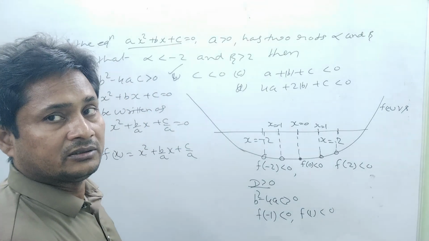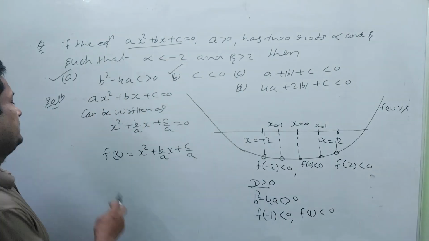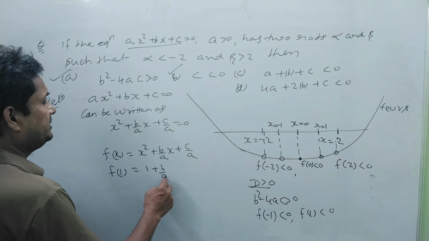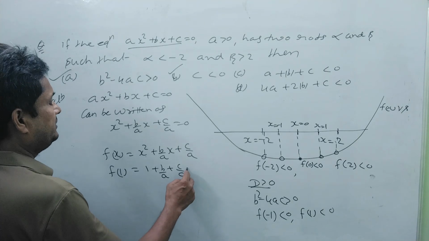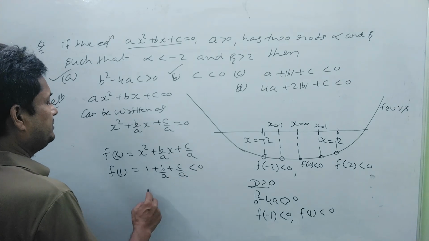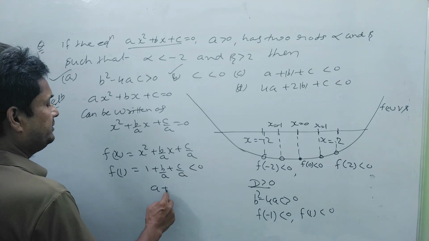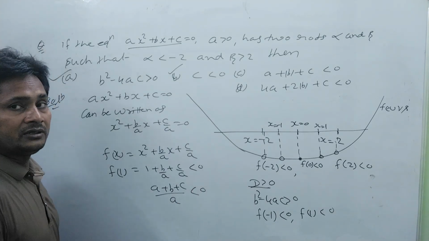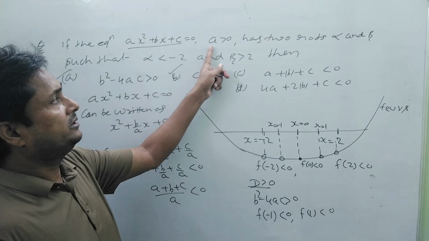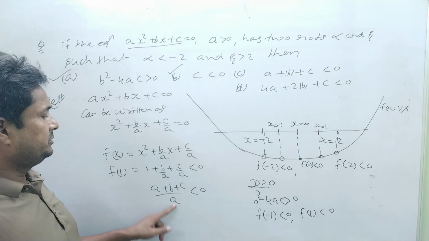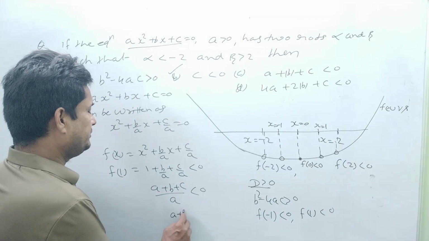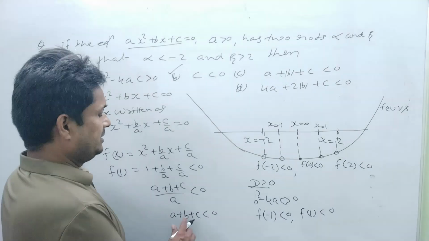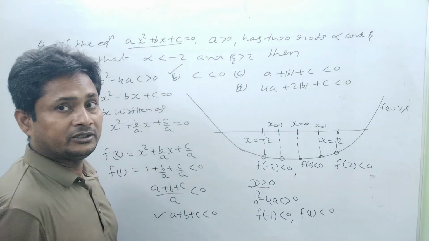So f of 1 is 1 plus b by a plus c by a, coming negative. Simplify this, a plus b plus c divided by a less than 0. And from the condition a is positive, a plus b plus c must be negative. So this is the first condition.